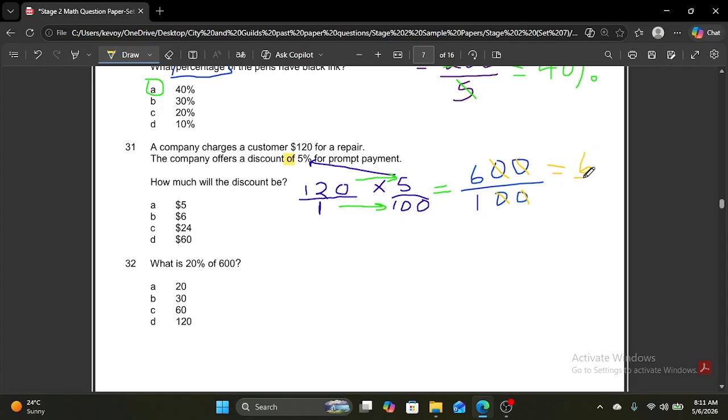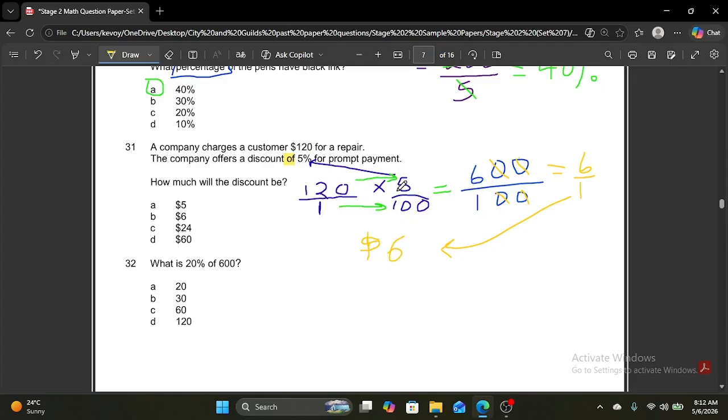6 over 1. Sorry, 6 over 1 is just 6. We're not looking at the percentage, just $6 because we're looking at the discount. So what is 5% of 120?